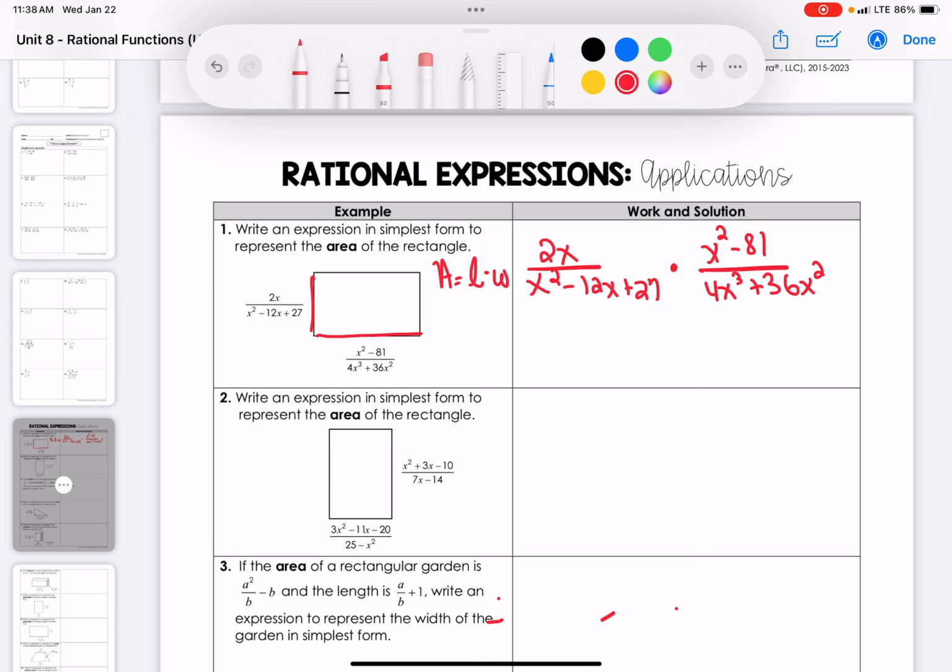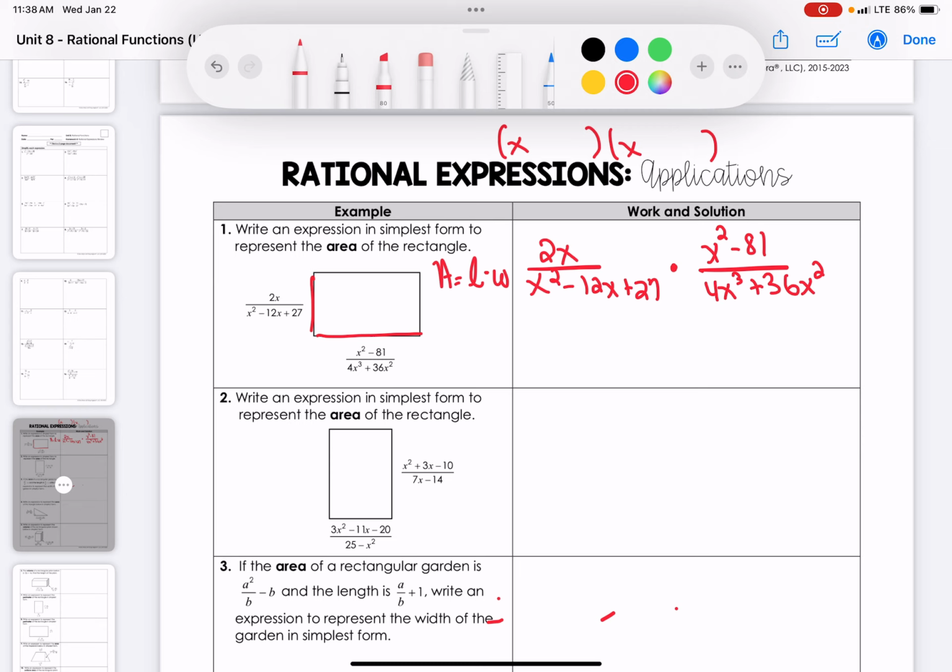All right, so what I see is just factor, right? So if I'm looking at this left side, I can't do anything with a 2x, but for the x squared minus 12x plus 27, I could factor that out. So let's do that. I have an x and an x, and then 2 numbers that multiply to 27, but combine to give me a negative 12.